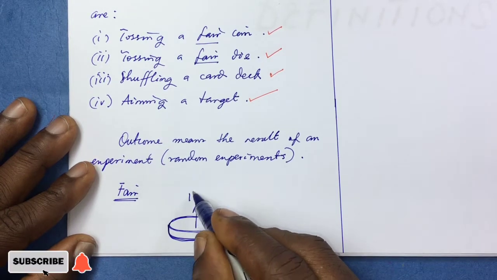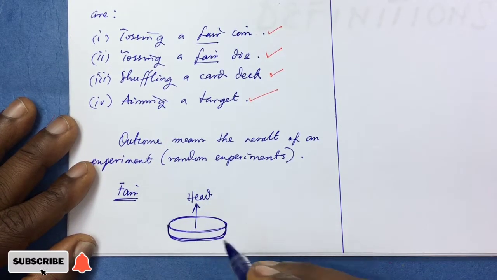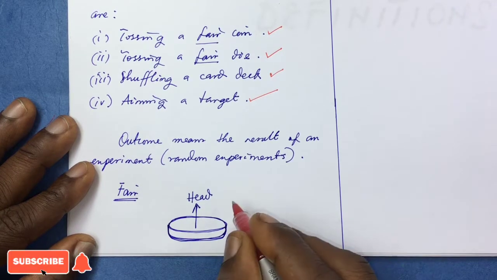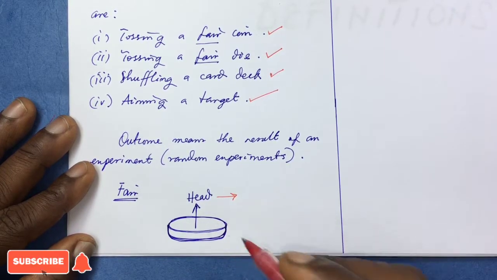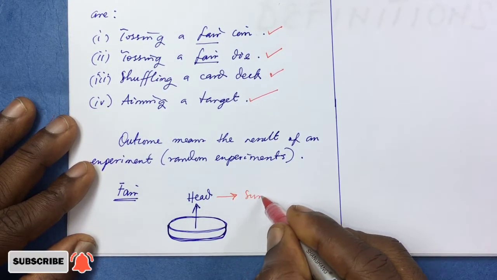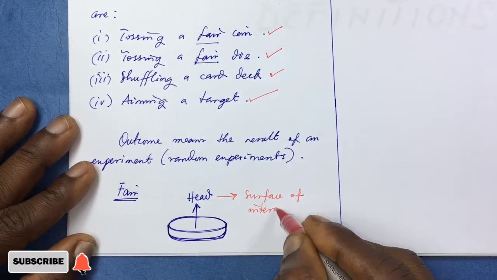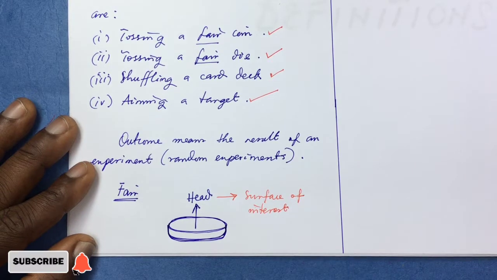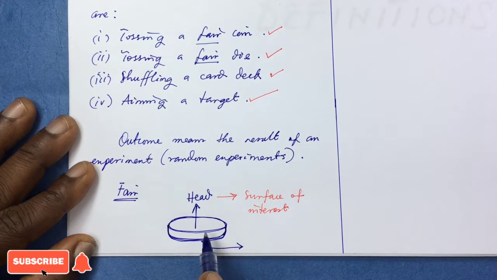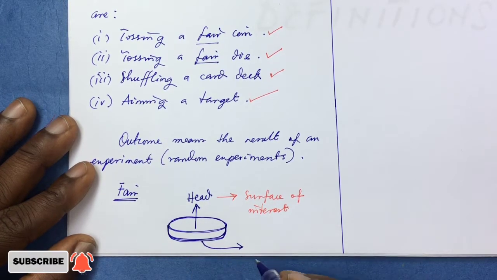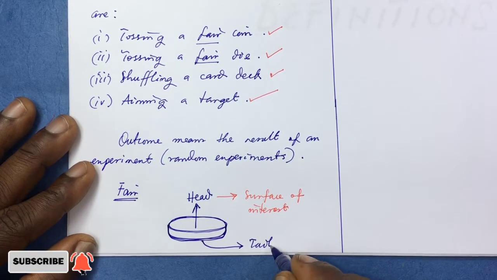So if I call this my head, the head of this coin, then I'm only calling it the head because it is the surface of interest. If it wasn't the surface of interest, I would not call it my head. Automatically, once you pick this side to be the surface of interest, hence calling it your head, the other side becomes your tail.